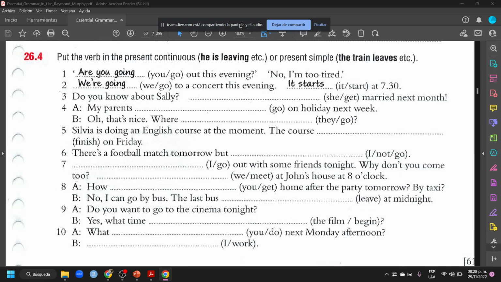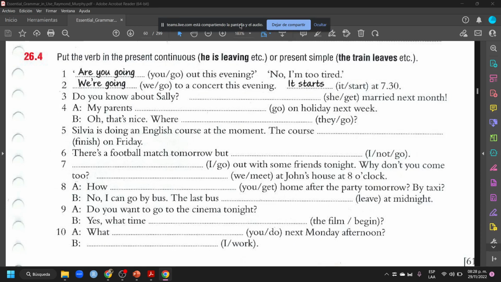So here, the first is present continuous. Are you going out? ¿Vas a salir esta tarde? No, I'm too tired. The number two, the first is present continuous: we are going to a concert this evening.